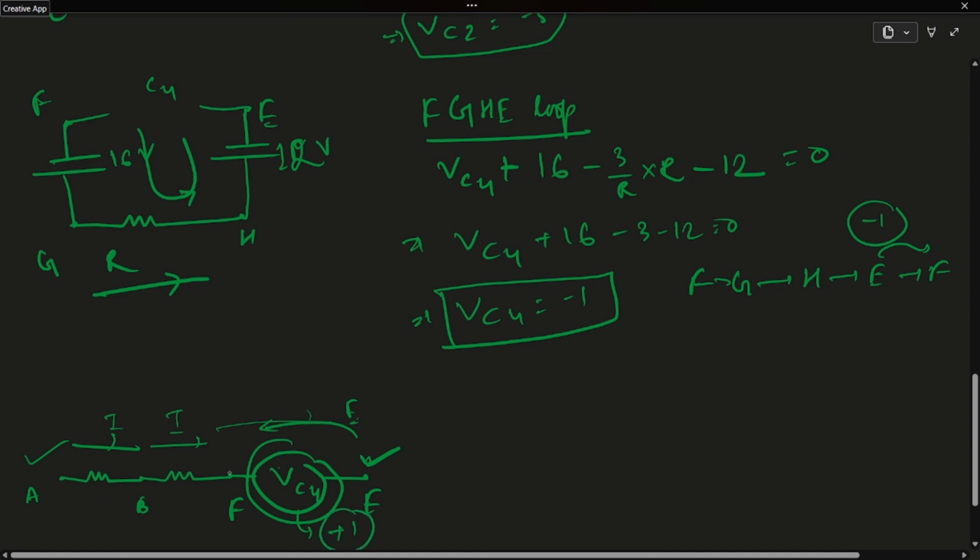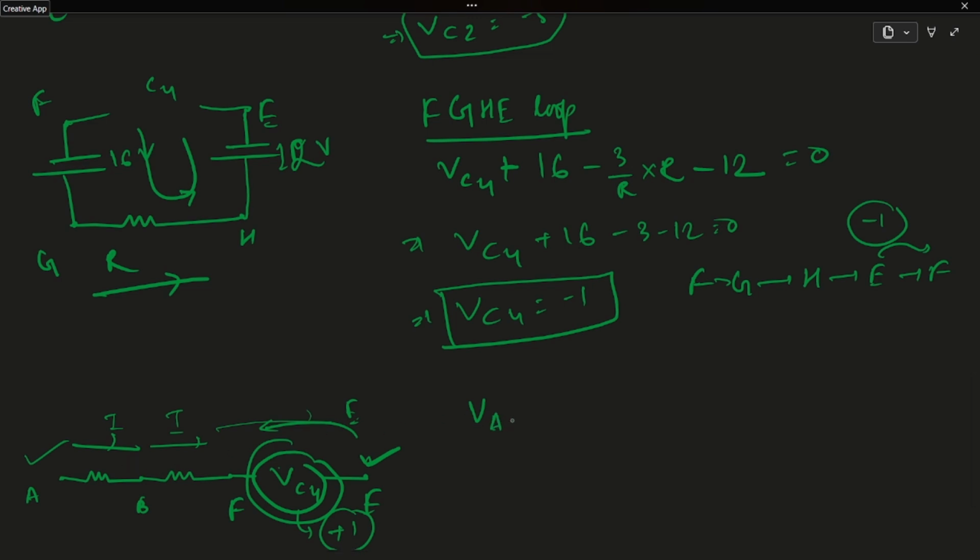So VA minus I into R, this is equal to 3, then again minus 3 from B to F, then F to E, this is plus 1, is basically VE. So the voltage difference VAE, which is also the voltage drop across the capacitor C3, because the capacitor is connected like this, is basically minus 6 plus 1, which is plus 5.